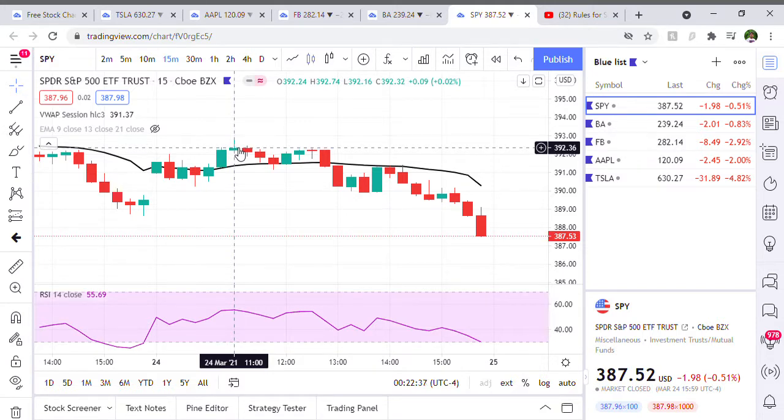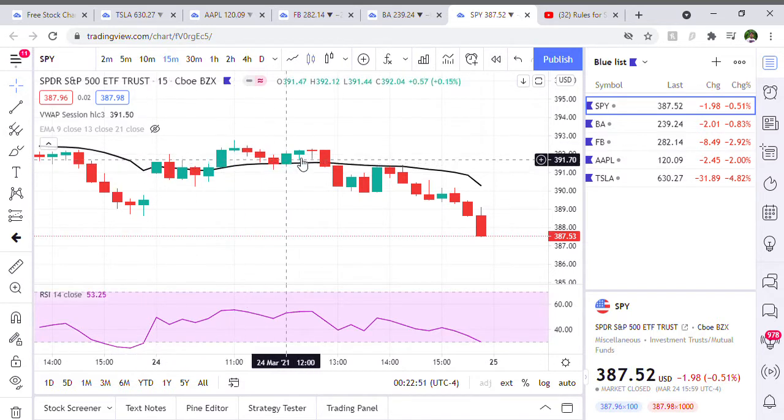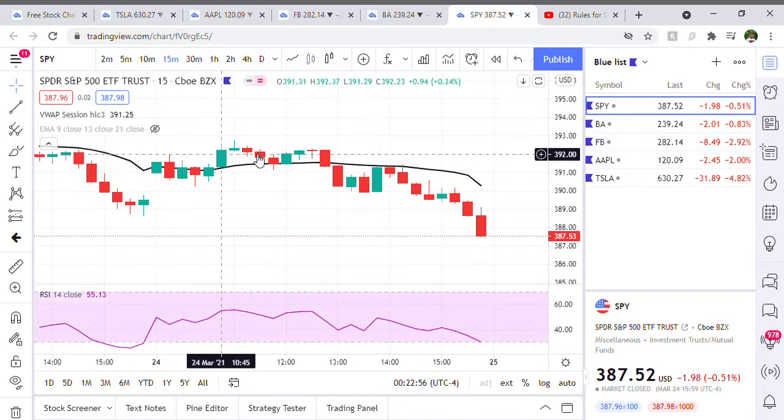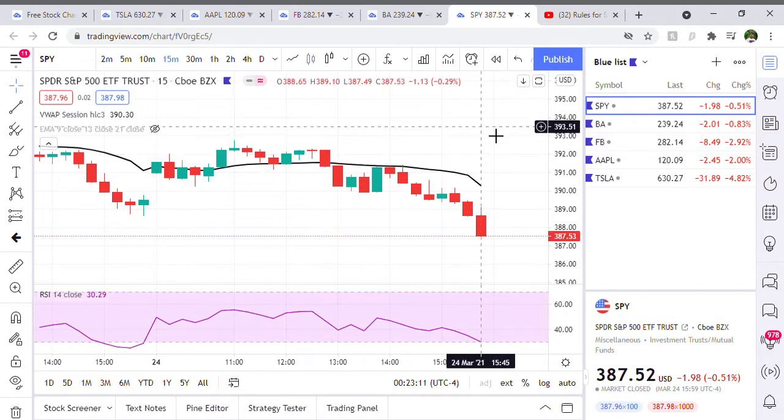Again I will refer back to my 2-hour chart. Am I looking for a bullish trade on SPY based on the 2-hour chart? No, I am not. So I will just wait. I'll leave all these candles which are above VWAP or touching VWAP. I will not touch them because I'm not at all looking for a bullish trade on SPY until SPY crosses 393.5, which is here.